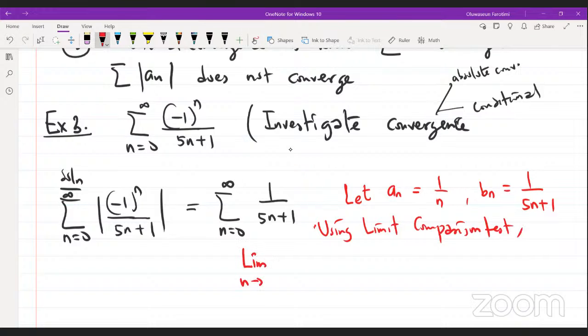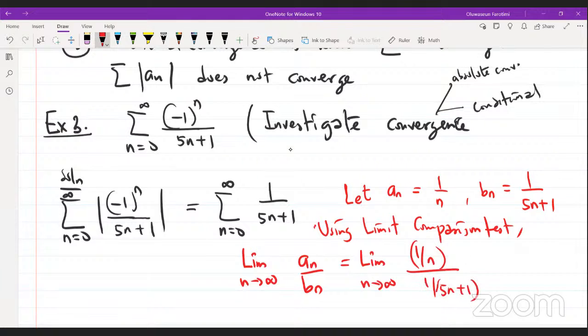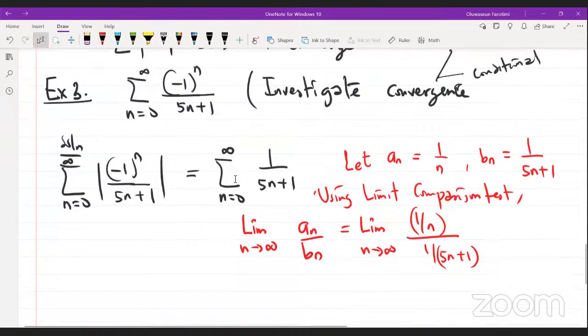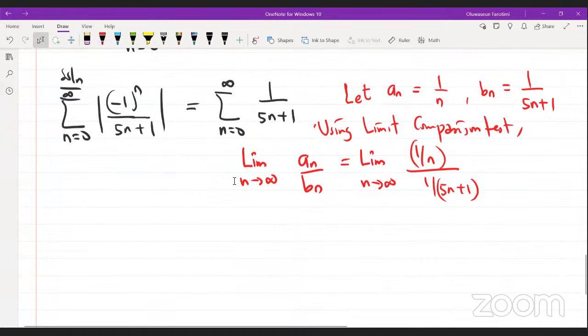I need to check an over bn. So this is the limit as n goes large of 1 over n divided by 1 over 5n plus 1 on the bottom. This is going to flip, so I'm going to have 5n plus 1 divided by n.